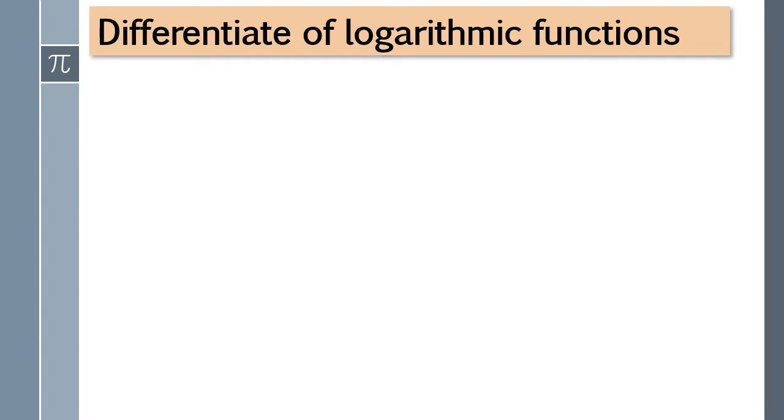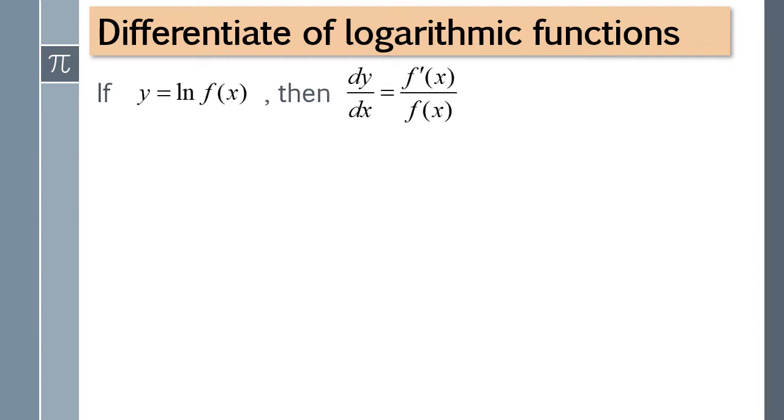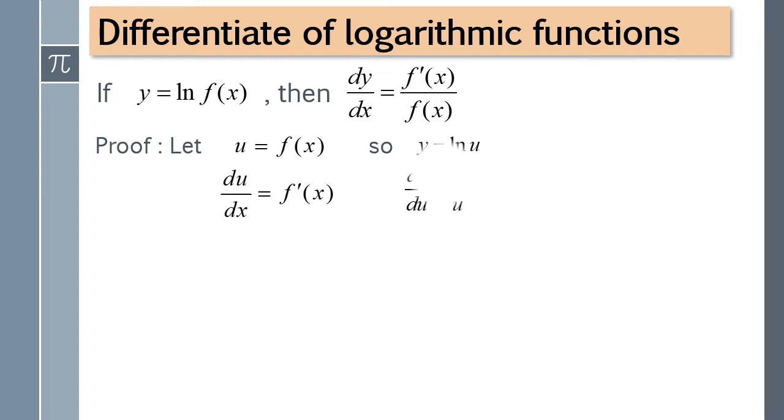Differentiation of logarithmic function: if y equals ln f(x), then dy/dx equals f'(x) over f(x). We prove that: let u equal f(x), du/dx equals f'(x). So y equals ln u, then dy/du equals 1 over u.